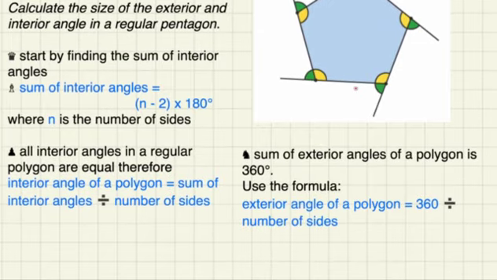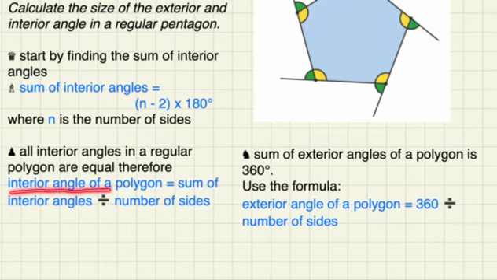Then if you were asked to come up with the value for one particular angle, because this value gives you the total of all of these added together, so if you were asked to come up with just the value for one of those, because these are all equal, then all you have to do is to divide that by 5 using this equation.